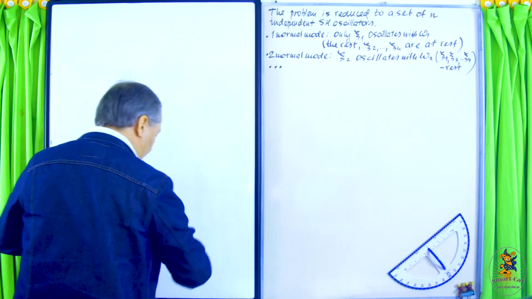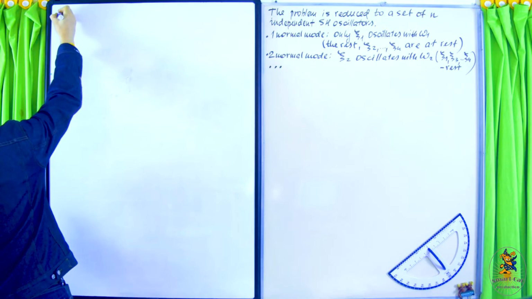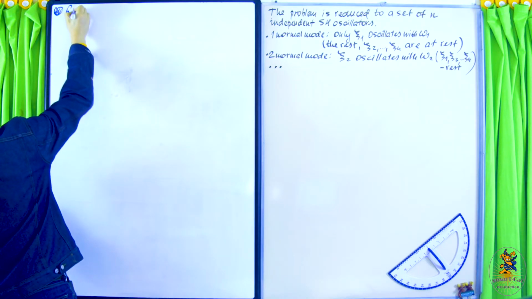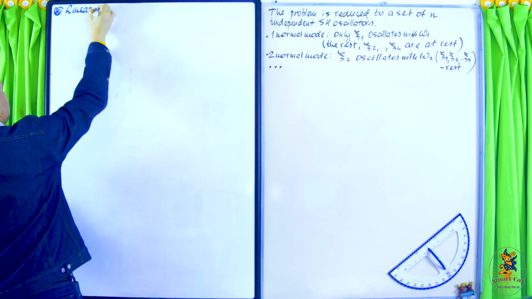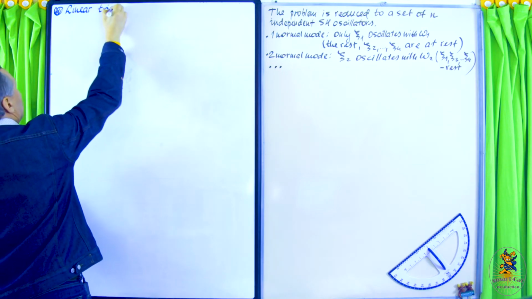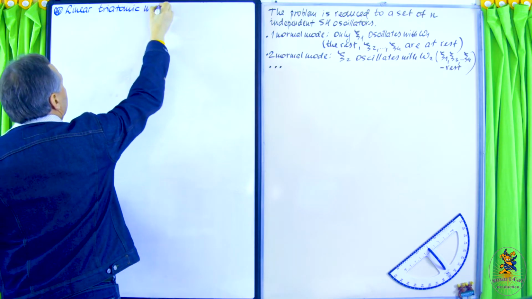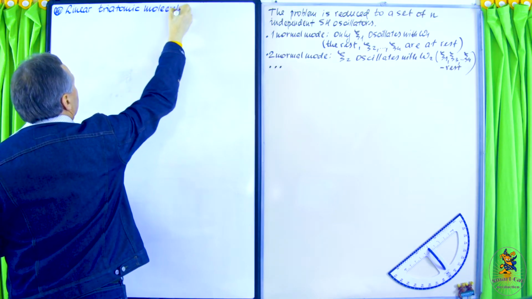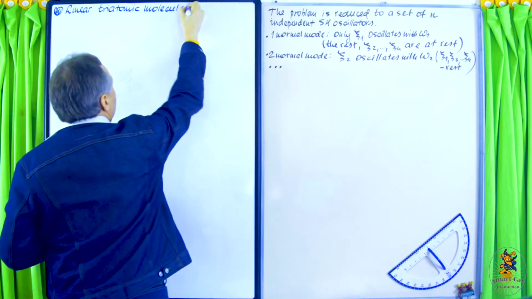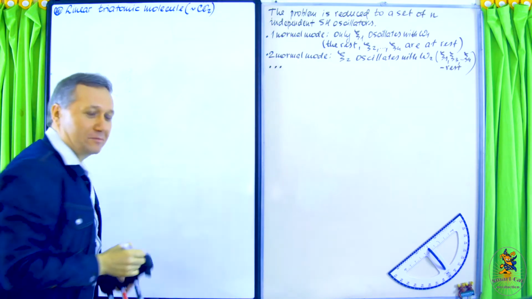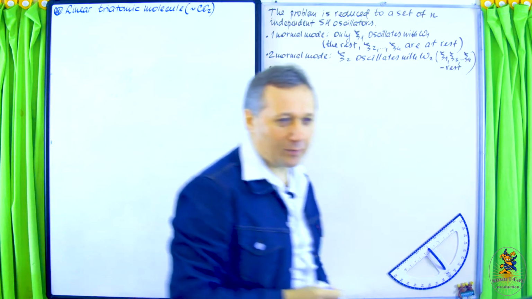So, linear triatomic molecule. So, example, I can put a new bullet. Linear triatomic, approximately CO2, for example, right? Because again, CO2, of course, is not a linear molecule.